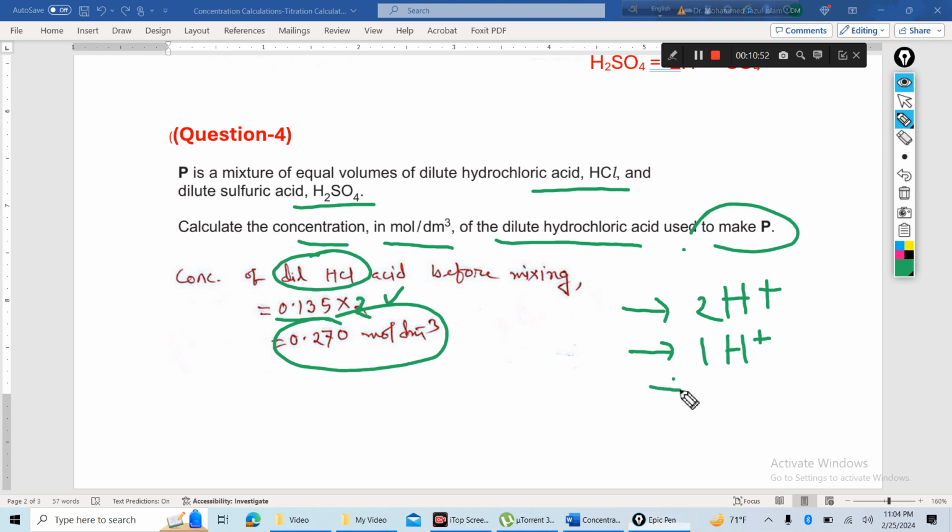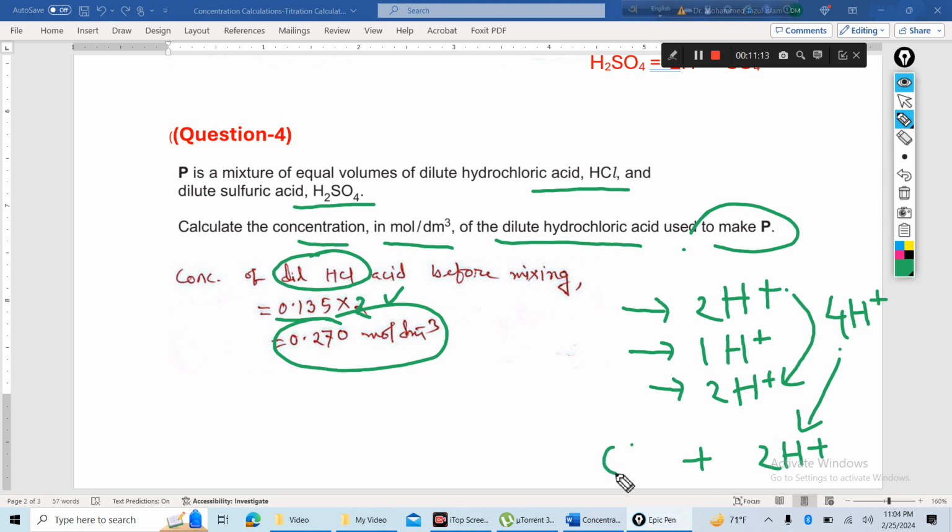As it is 2 times, it produces 2 hydrogen ions, then this plus this, 4H⁺ ions will be produced. So if equal volume is doubled, the total concentration will be 2H⁺, and 2H⁺ reacts with carbonate ion.